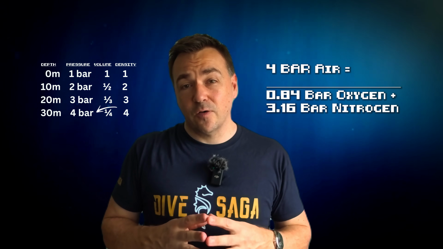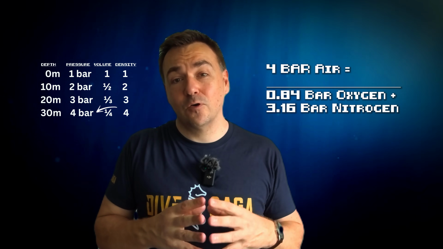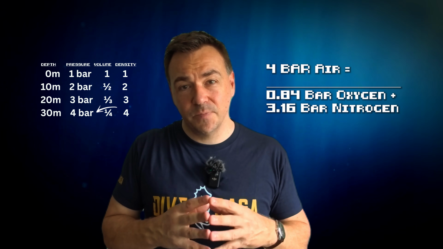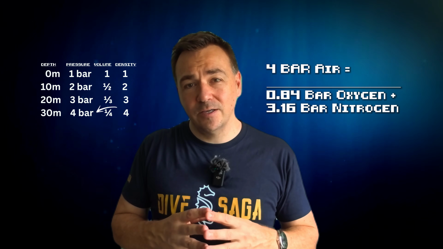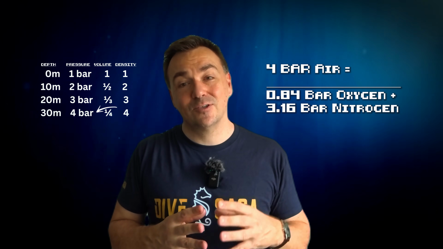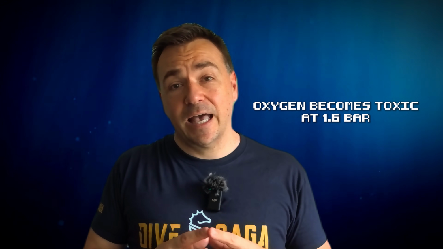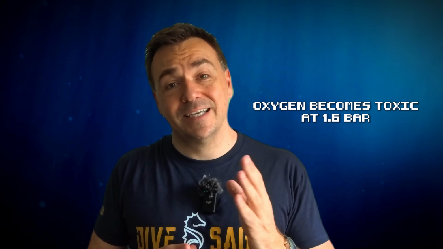When we go down to a depth of 30 meters or 4 atmospheres, the total pressure of the nitrogen accounts for 3.16 bar of the total gas pressure in our lungs. This 3.16 bar is a very different game than the 0.79 bar of nitrogen at the surface, and can be narcotic. This is even more true for oxygen, which becomes toxic at a partial pressure of 1.6 bar.